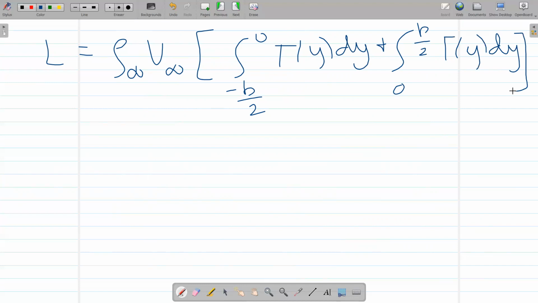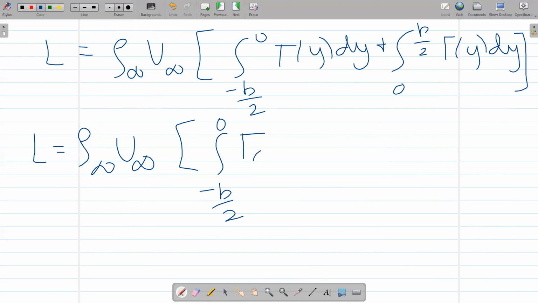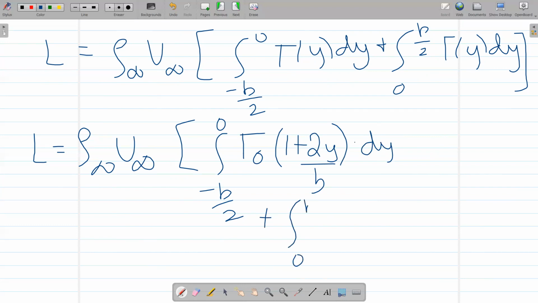All right. Now what I'm going to do here is just substitute the equation. So lift is rho infinity u infinity, and from minus b by 2 to 0, the equation is gamma naught into 1 plus 2y by b, whole thing into dy. And for the other half, 0 to b by 2, it is gamma naught into 1 minus 2y by b into dy.